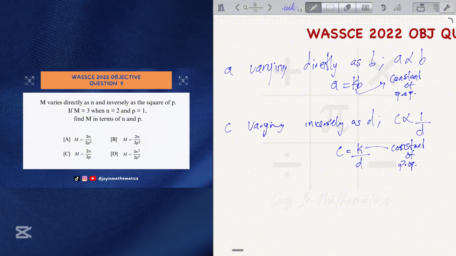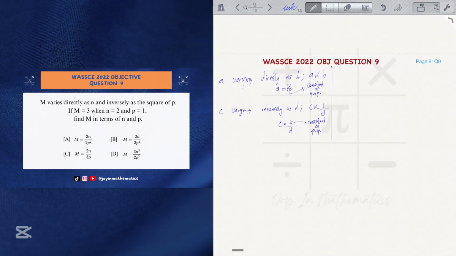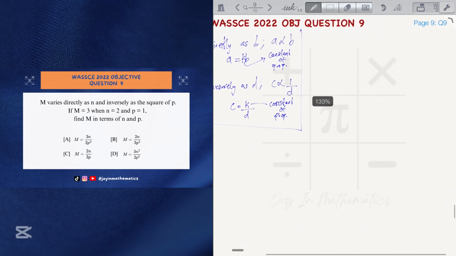Now let's apply this principle to this question. The question says we have m to vary directly as n.